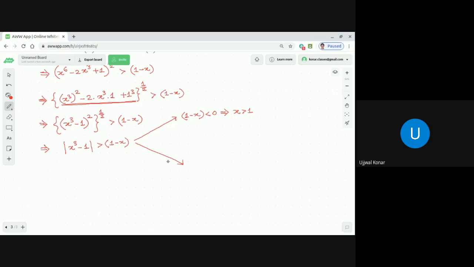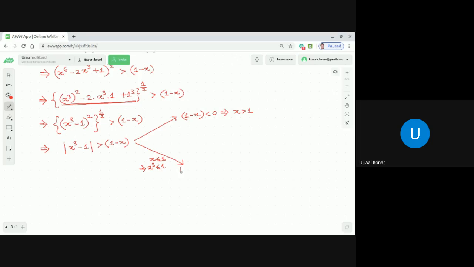So now we are going to consider the case when x is less than or equal to 1. x less than or equal to 1 means what? x cube is less than or equal to 1, correct or not? I hope all of you agree with me. So what are we going to get here?